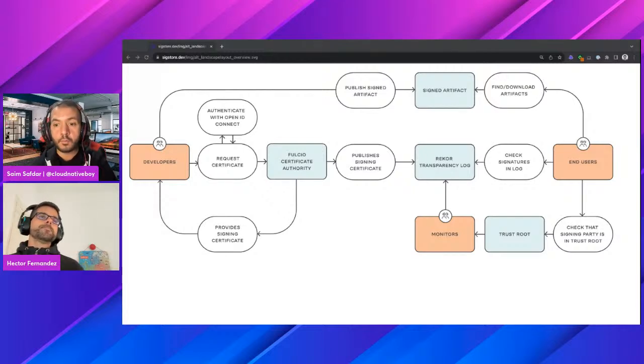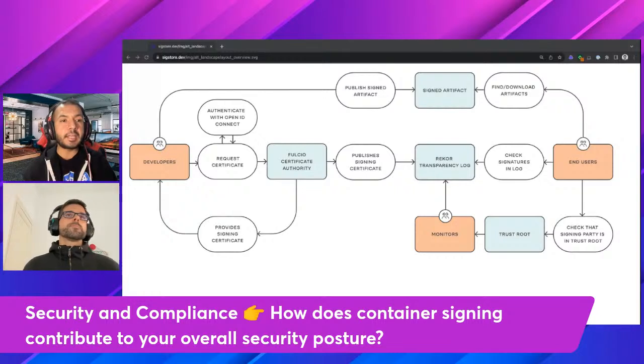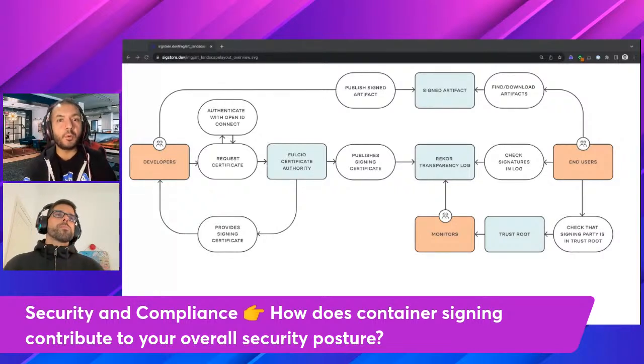Yes, absolutely. I think we can go back to one more point of the circle. We talk about container image signing, but we can speak about security and compliance. How does container signing contribute to your overall security posture? Well, I think transparency and trust play a key role here.